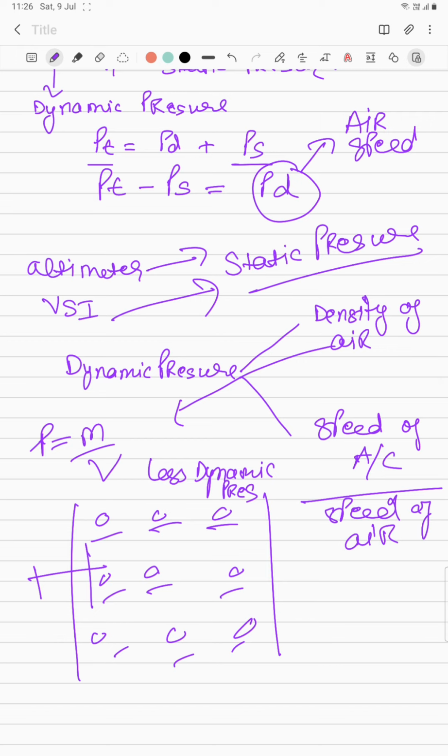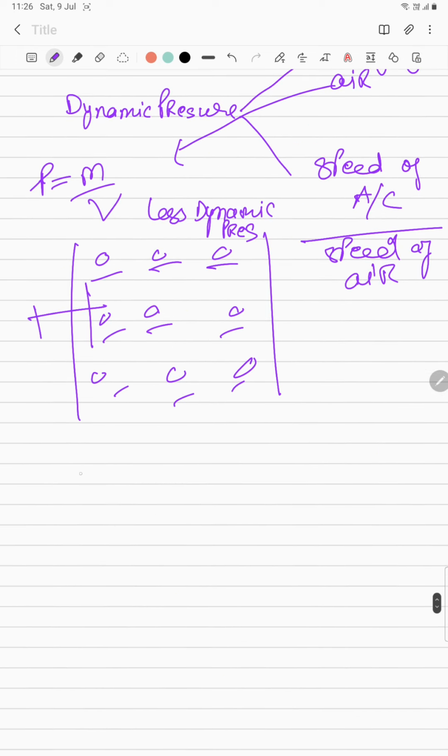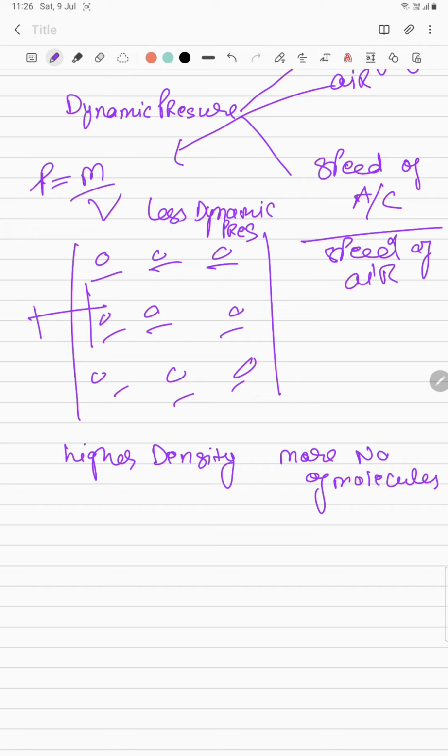But if we talk about higher density, we will have more molecules. So in more molecules, the dynamic pressure will be more because the aircraft will go in motion through more molecules, will have more resistance, and in turn will have more dynamic pressure.